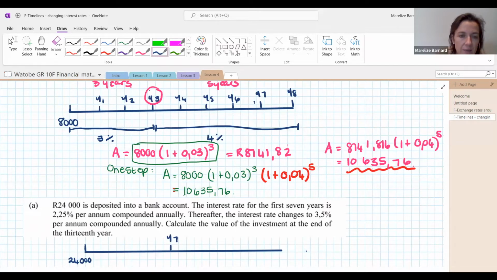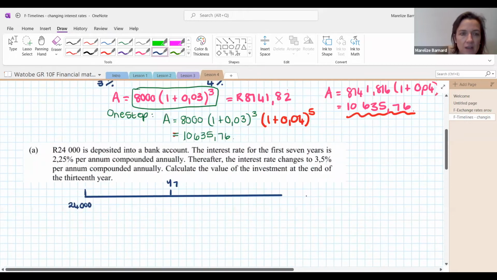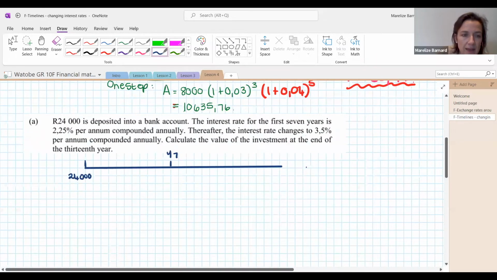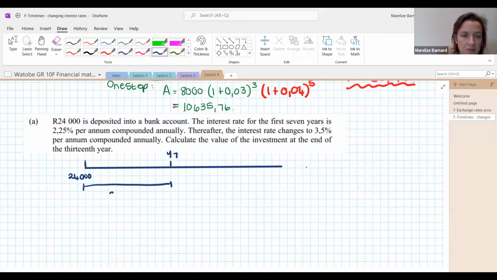For that time period, we are earning interest of 2.25% per annum, compounded annually. So 2.25, which we convert to a decimal. So you can make a 2.25 divided by 100, and that is 0.0225.